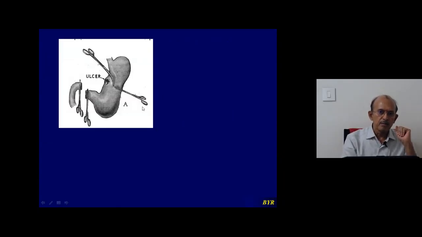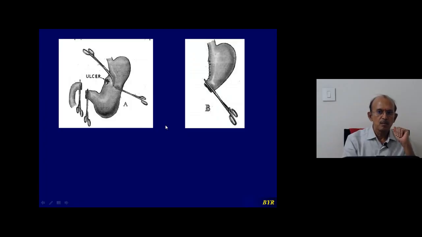This is how it is done. So this is the ulcer on the lesser curvature side. You make an oblique cut on the lesser curvature and a transverse cut at the pyloro body junction, you transect the pylorus from the duodenum, and you remove this part of the stomach. The upper part is sutured, the lower part is anastomosed to the duodenum.